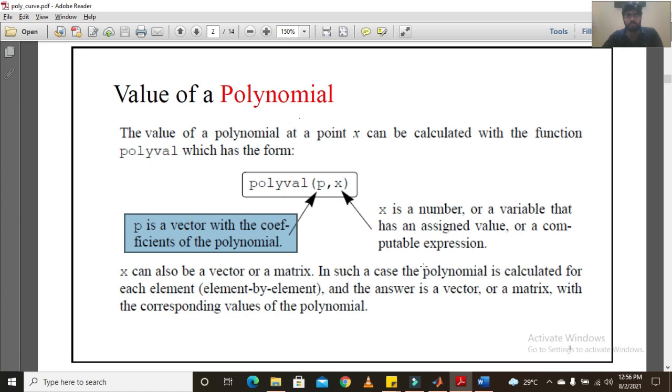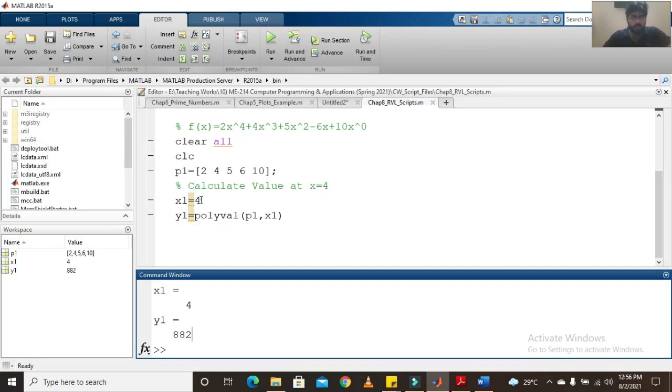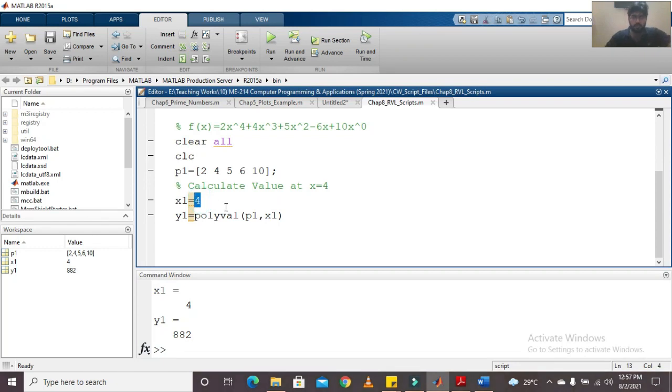And let's say we want to calculate the values at a number of points, from x equals 1 till 10, by using the polynomial p1.